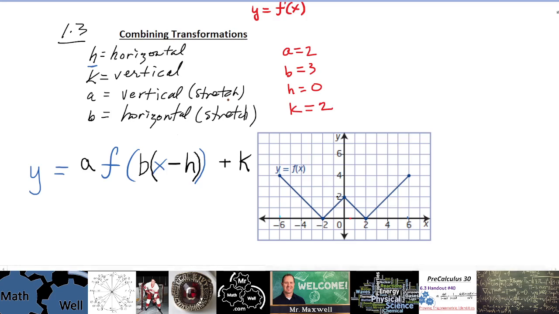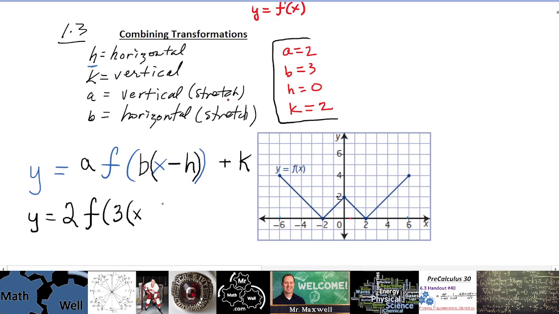All right, so let's say we actually have a function that looks like this. It's going to be transformed using these values on the right. So where do I put those? Well, it looks like this. I'm going to have a 2 as an a value. The b value is going to be 3 inside here with the x. I'm going to put that secondary set of brackets there.